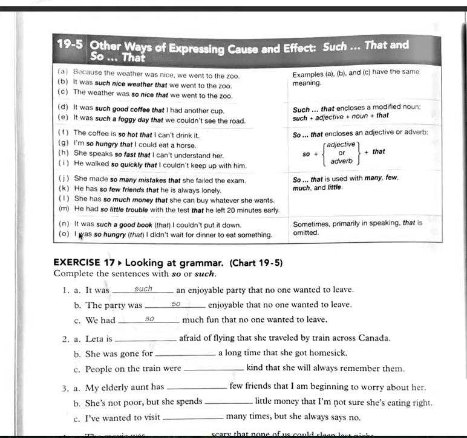And then letter N, letter O. It was such a good book that I couldn't put it down. Or it was such a good book, I couldn't put it down. You notice that that is in parentheses. Sometimes, primarily speaking, that is omitted. So you could say, it was such a good book, I couldn't put it down if you're speaking.